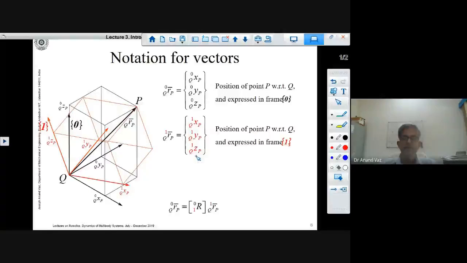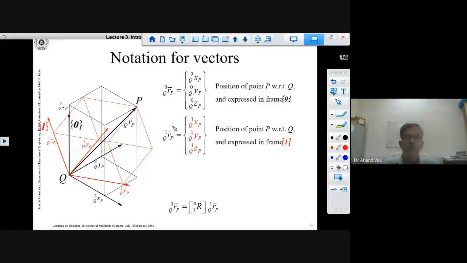We arrange these components in a particular order, and we call it a vector. It's actually a matrix array, but we call it a vector. And this representation will help us in doing programming using MATLAB or Scilab or other similar computational software.